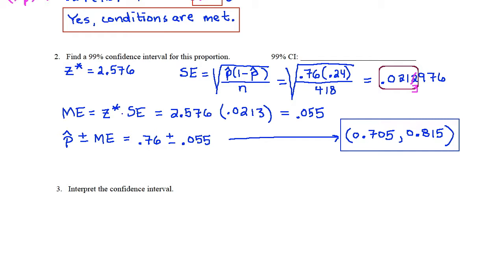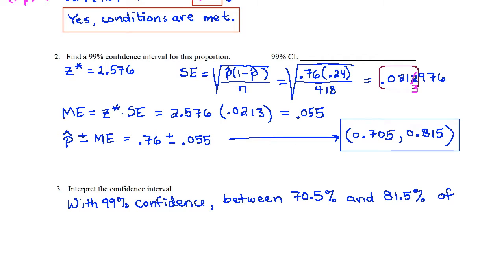We want to now say that in context. With proportions, I often like to word this in a slightly different order from how I would word it if it were a mean. I can say the proportion is between these two values, but sometimes it's more clear to convert them to percent and to put the percent first before defining what that percent really is.